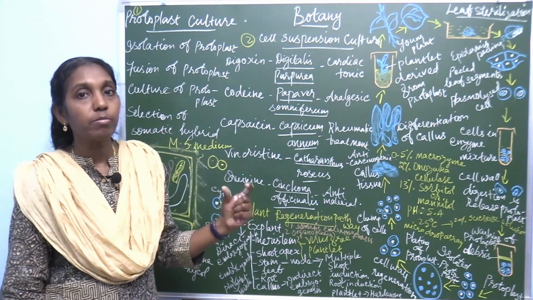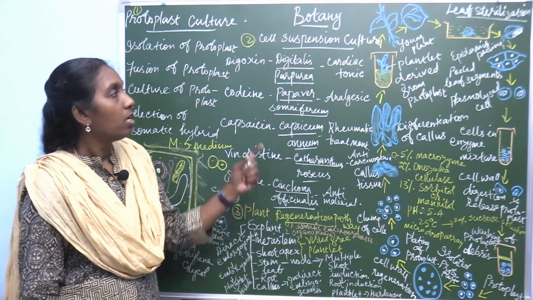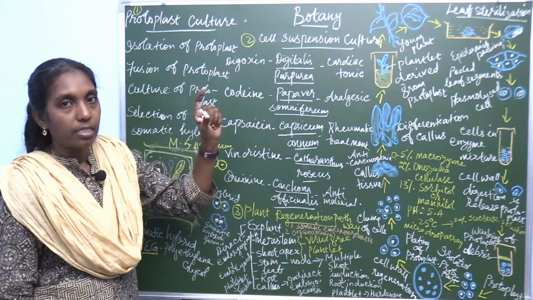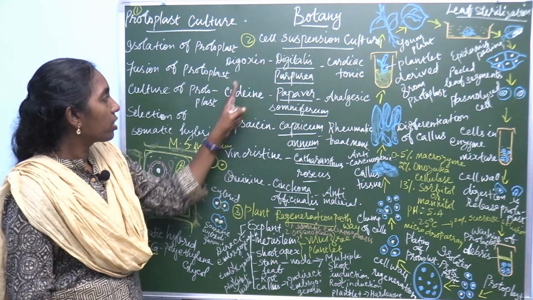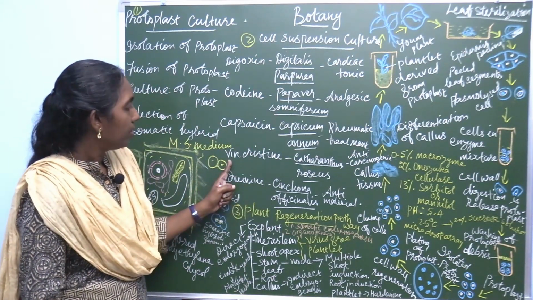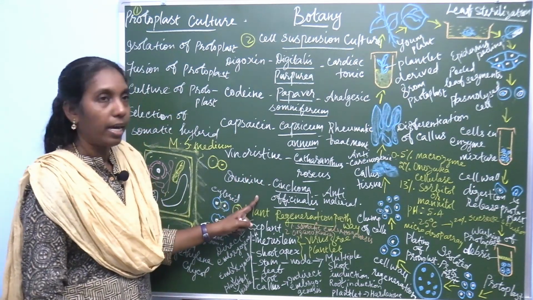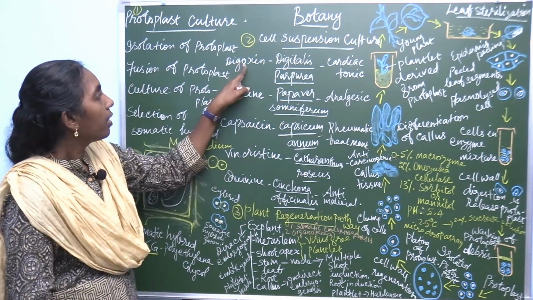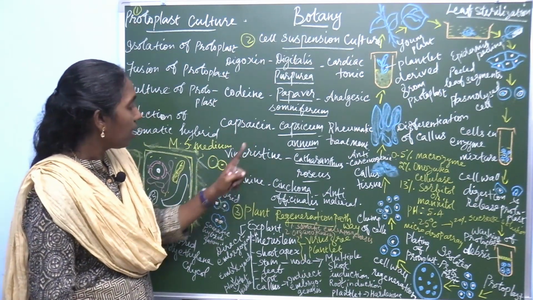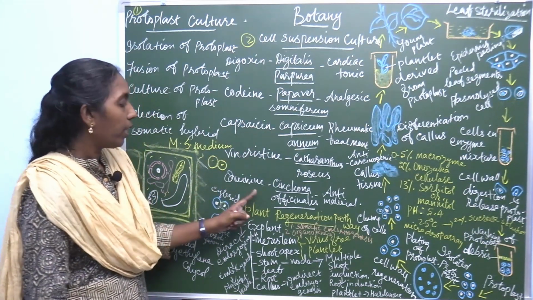Sometimes it may be asked as a 5-mark question. So learn these products or secondary metabolites: digoxin, codeine, capsaicin, vincristine, quinine.